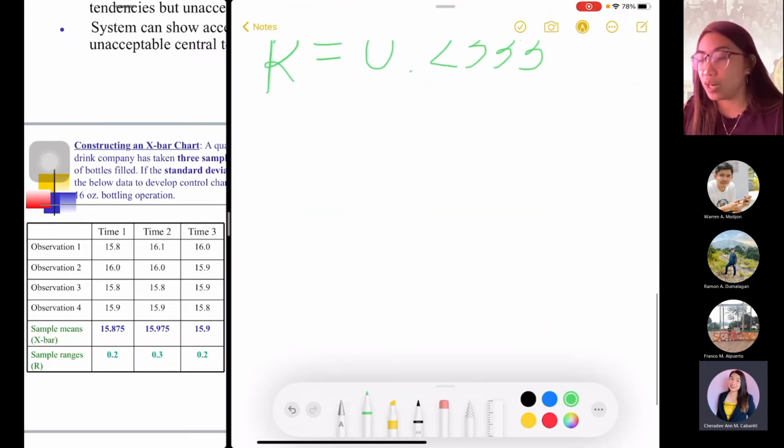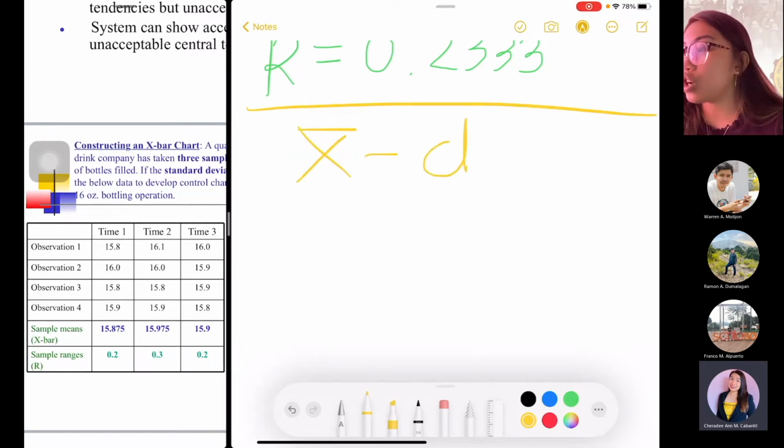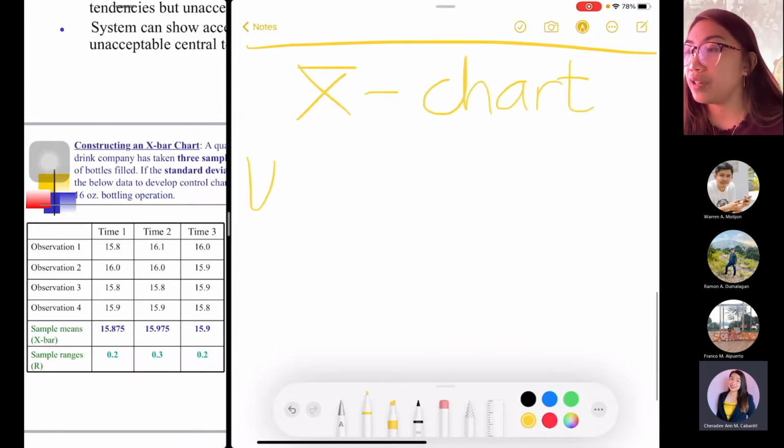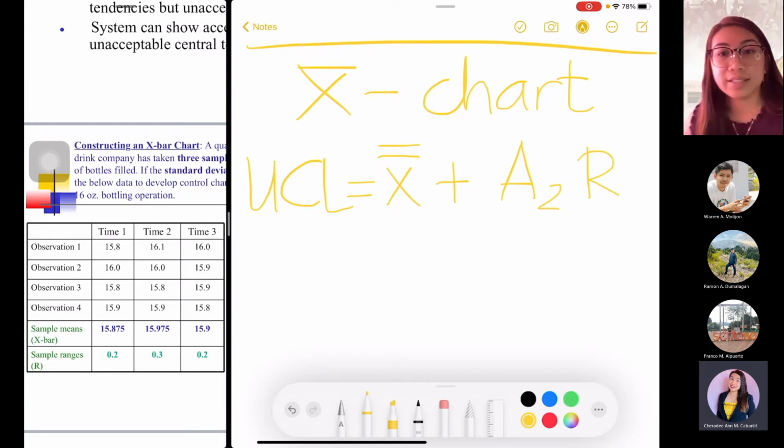Now you can now make your UCL, CL, and LCL for both X and R charts. So let's make now the X chart. So what was the formula for the X chart? We have UCL is equal to double bar X plus A2 bar R. Correct?